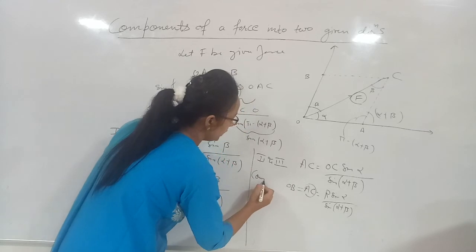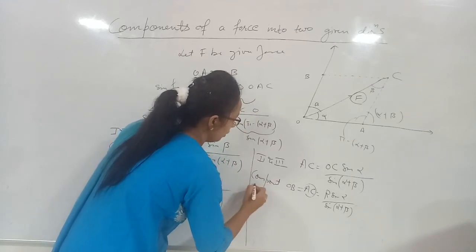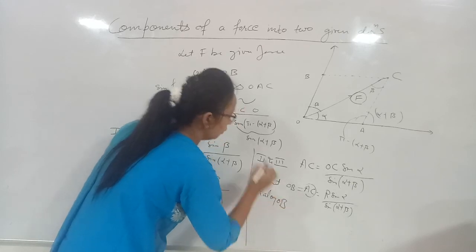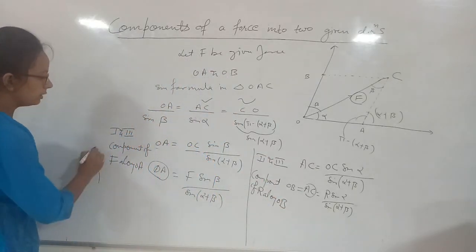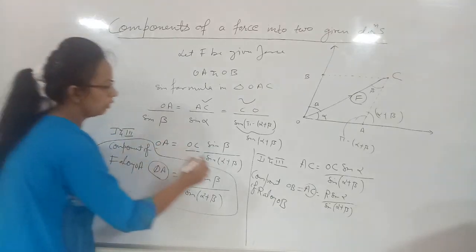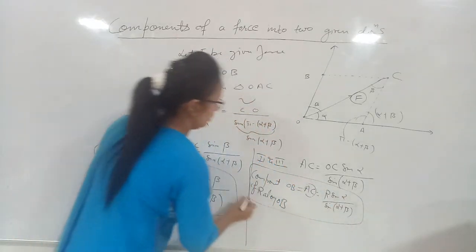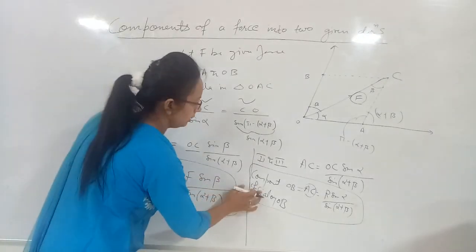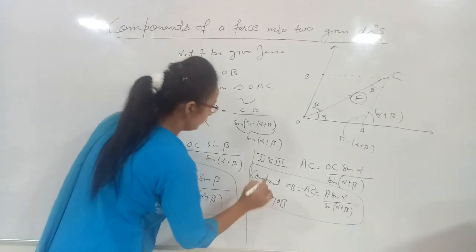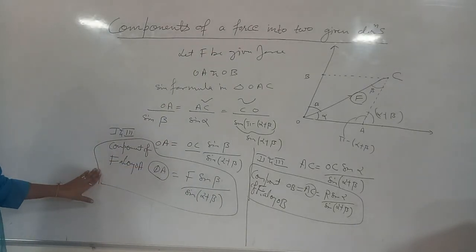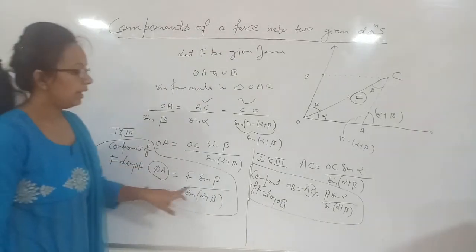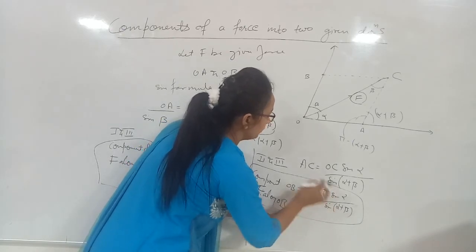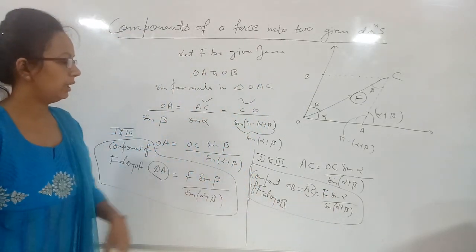And what is OB? OB is the component of R along OB. So these two are the components of, we are taking F in place of R. Here I will write F. So these two are the components of F along OA and F along OB. Here also we have F. You can take OR also as you like.